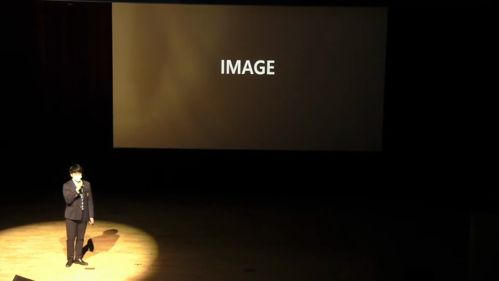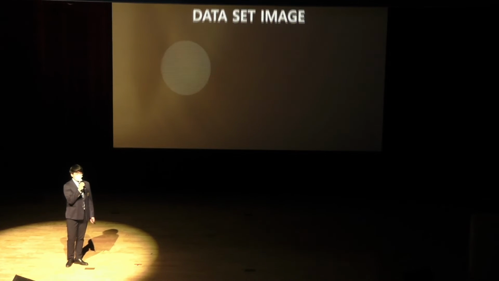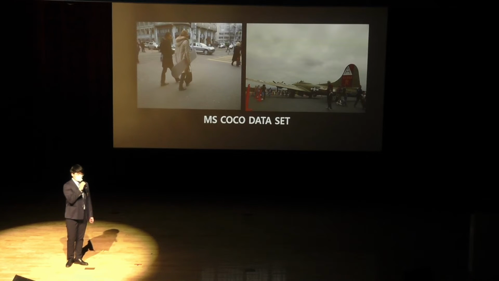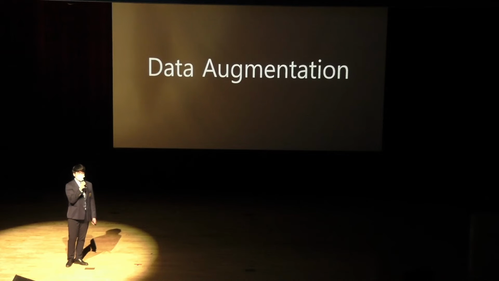The image, especially provided by dataset, is clear and easily recognizable. Yolo V7 used these images to train the model. For this reason, object detection model should be trained by images that contain characteristics of video data.